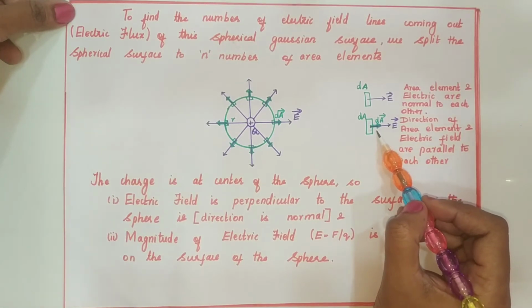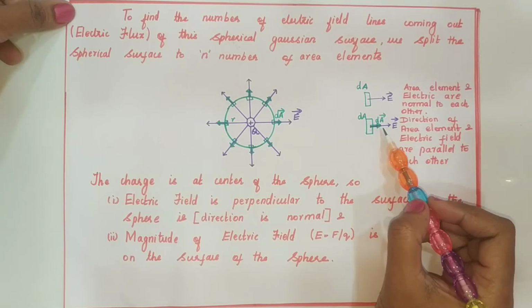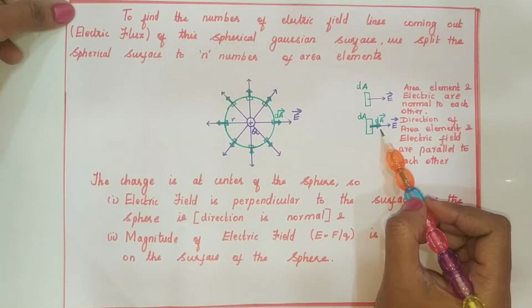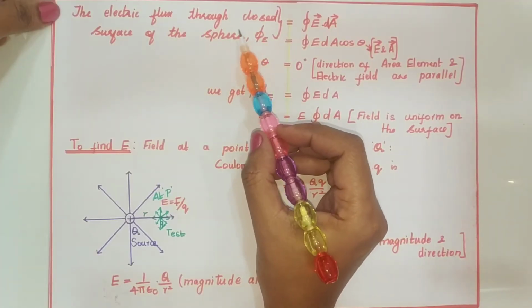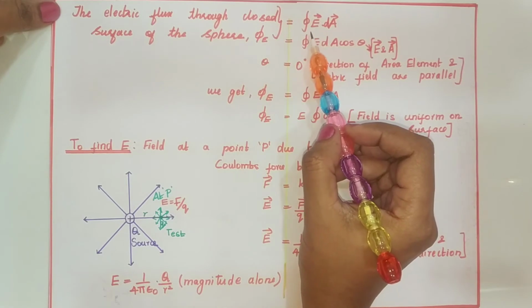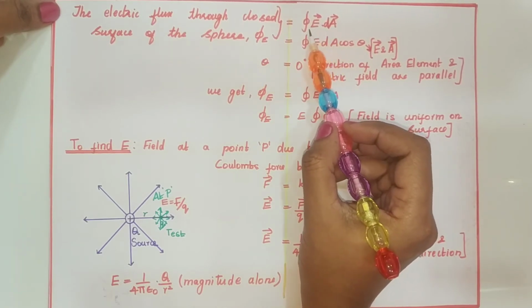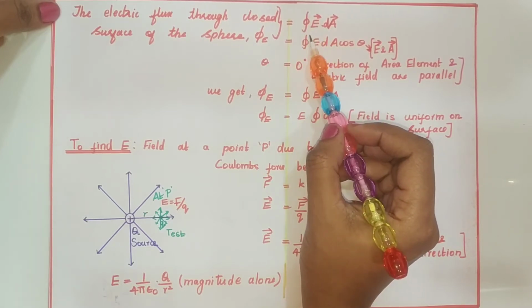That is, theta will be 0 when the direction of the area element and the electric field are parallel to each other. Now, the electric flux through a closed surface of the sphere, phi E, is given by the expression closed integral E vector dot dA vector, because we are choosing all the area elements of the whole sphere.